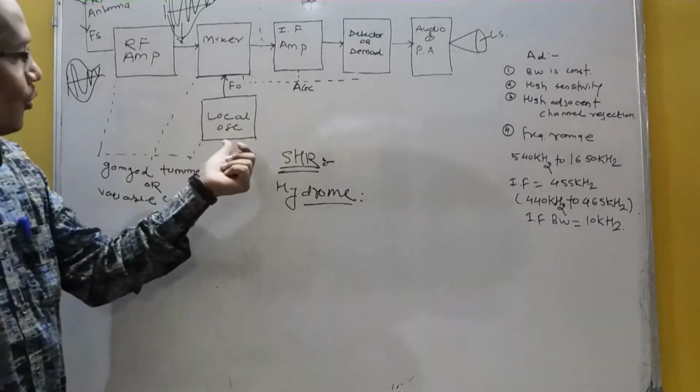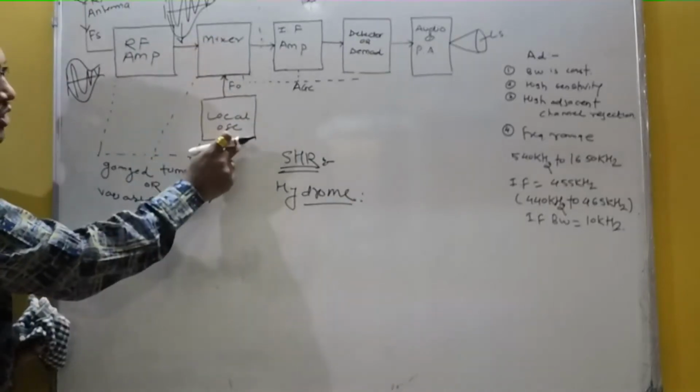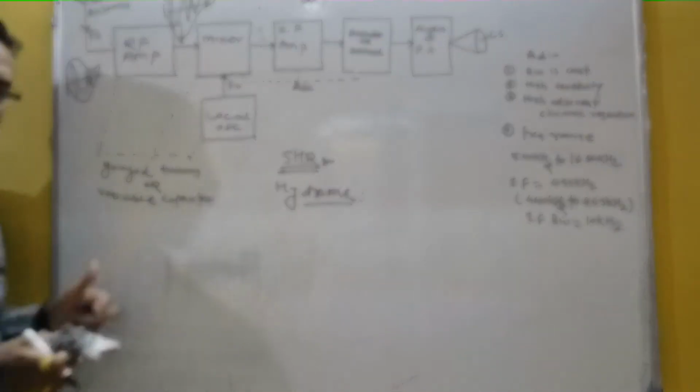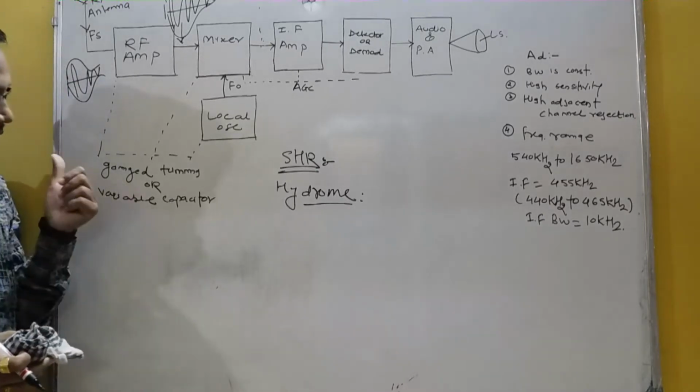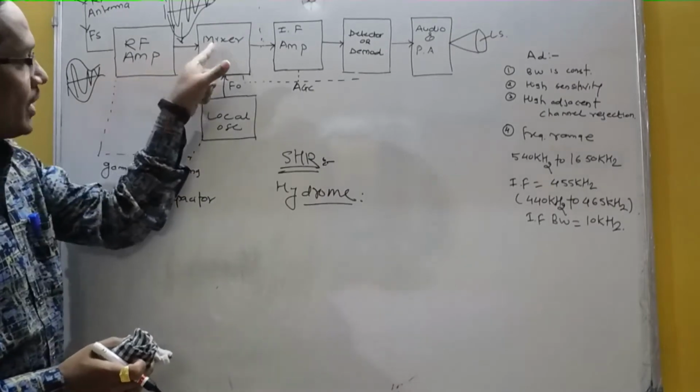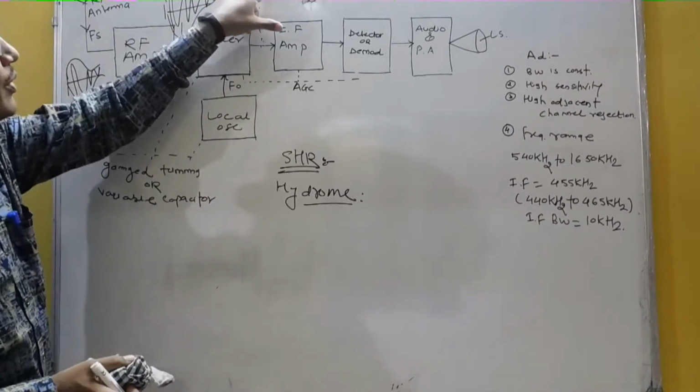Then this is a local oscillator. To the local oscillator you are applying the gang tuning. So for the RF amplifier, mixer and local oscillator you apply the gang tuning. This gang tuning is a variable capacitor. The main use of the gang capacitor is to maintain the RF amplifier, mixer and local oscillator at the proper frequencies to generate the intermediate frequency, that is F0 minus Fs equal to constant.